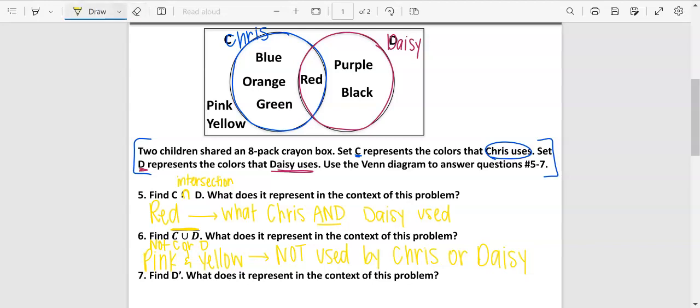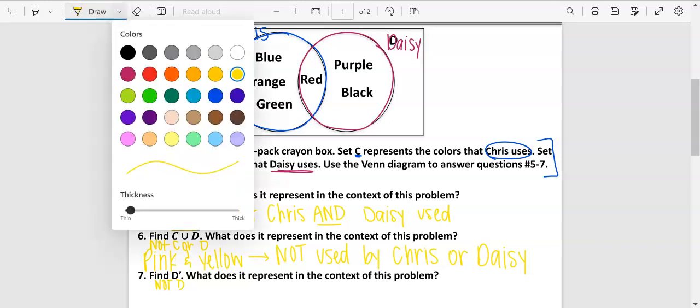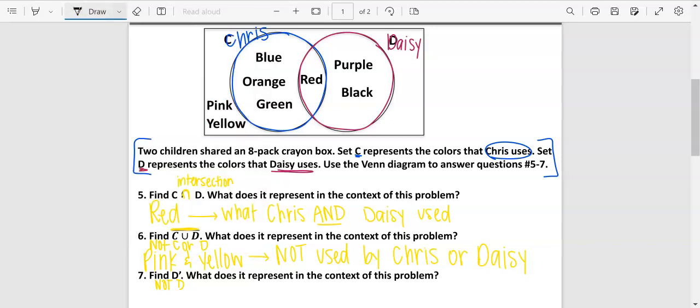And then our last question in this section, we have the complement of D. So that means not D. So in this situation, it's what Daisy did not use. We do not want anything in the Daisy circle. So I'm going to cross out the Daisy circle, because what this is saying to us is I do not want colors that Daisy used.